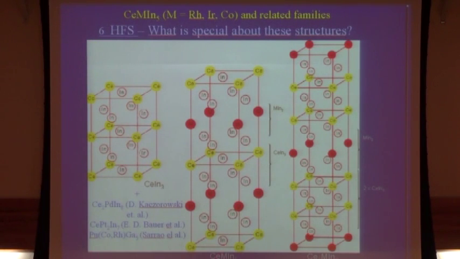Okay? And the 115 is a single layer of cerium indium 3 and transition metal indium 2. Single layer. 115, single layer. And 218 is a bilayer: 2 layers of cerium indium 3 by 1 layer of transition metal indium 2.